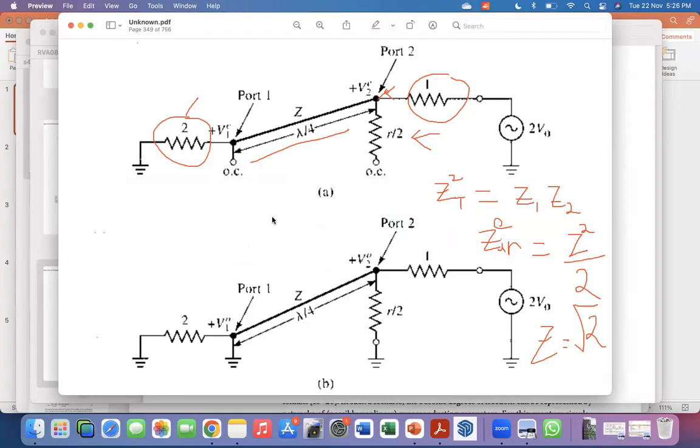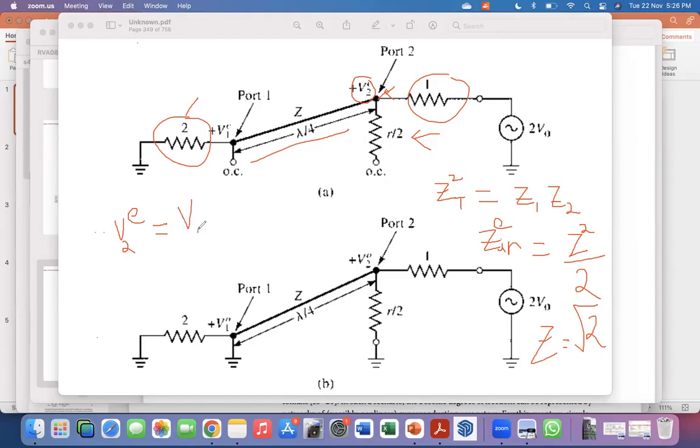So the next part is slightly tricky. So let me make sure I say it correctly. What we have verified so far is that V2E, which is this value here, the even mode voltage for port 2, is equal to V0. Why V0? Because it's half of 2V0.